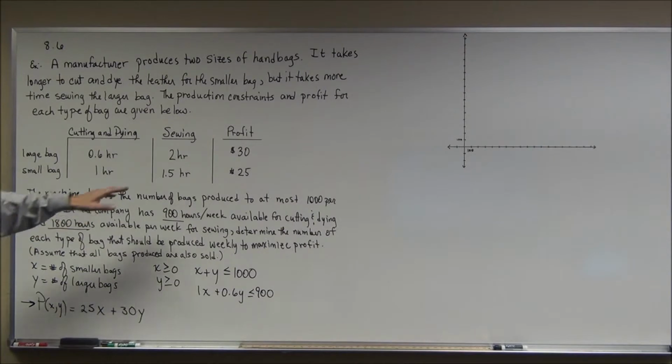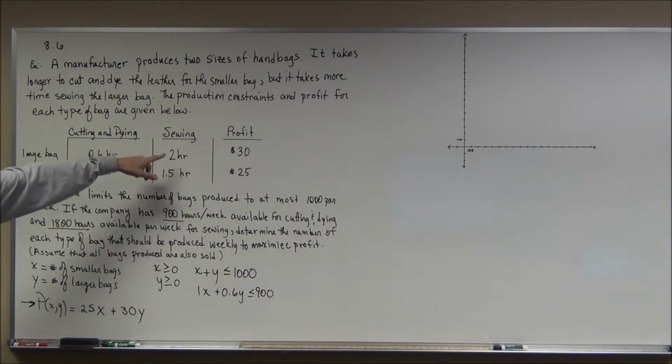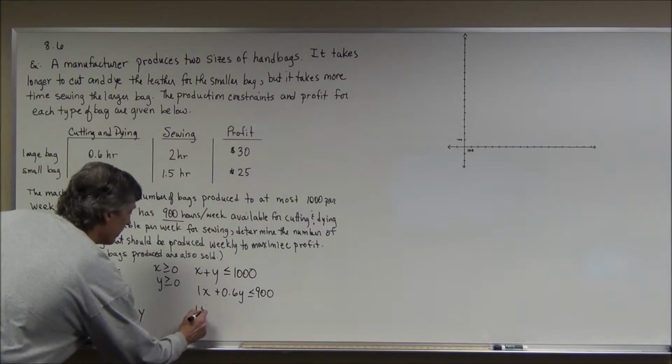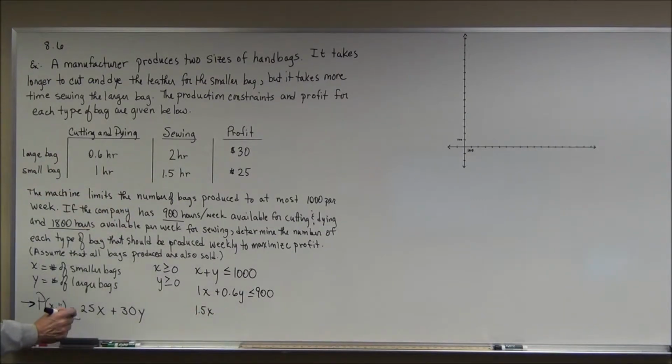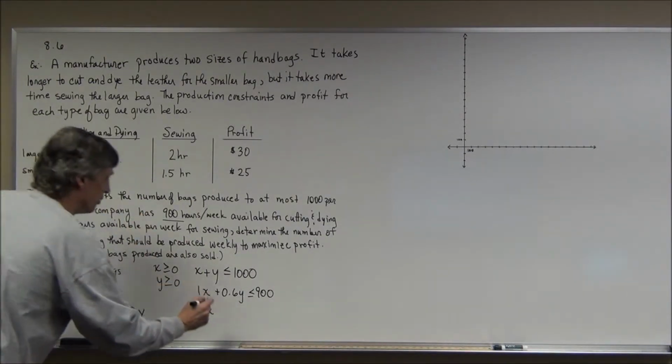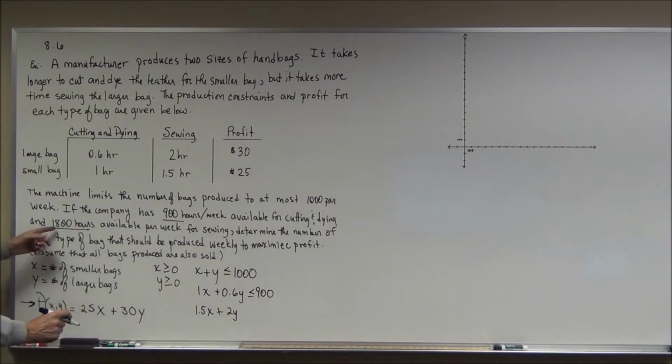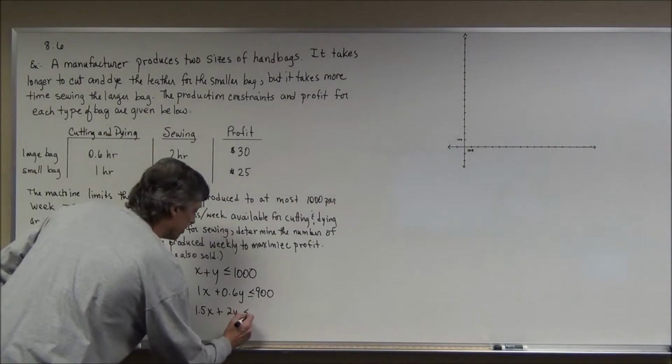Similarly, again, X and Y here. For the sewing, each small bag takes 1.5 hours for sewing. Each large bag, 2 hours, so 2Y. And if I add those together, that has to be less than or equal to 1,800.